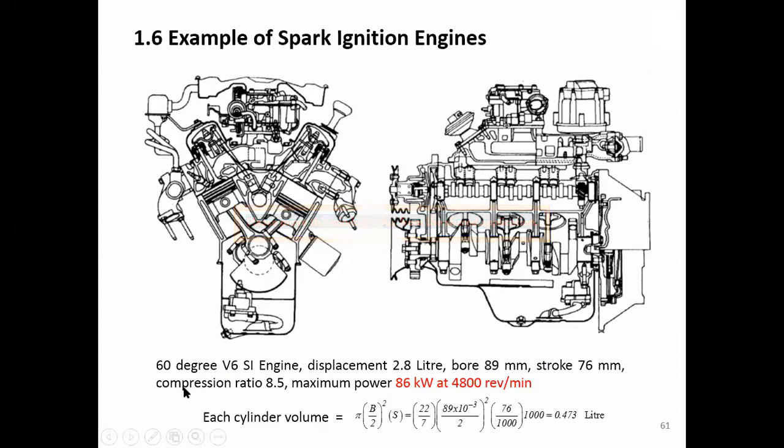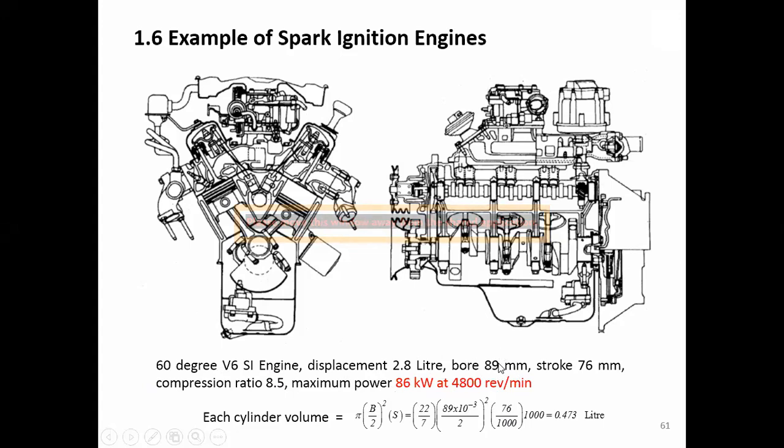They just say it in short, compression ratio, but everybody has to remember this is talking about volumetric compression ratio. It is 8.5. And the maximum power delivered from this engine is 86 kilowatt at 4,800 revolution per minute.